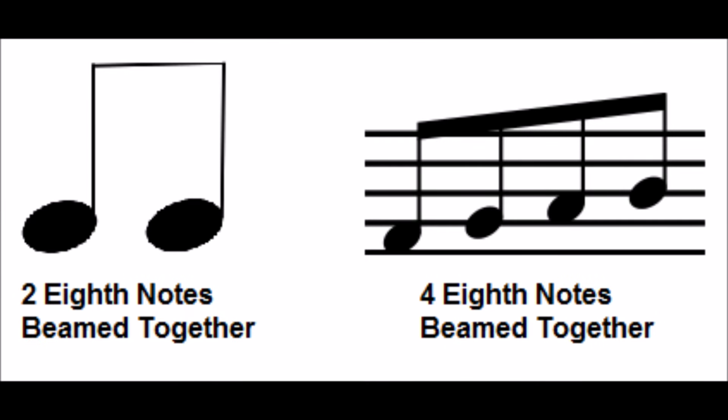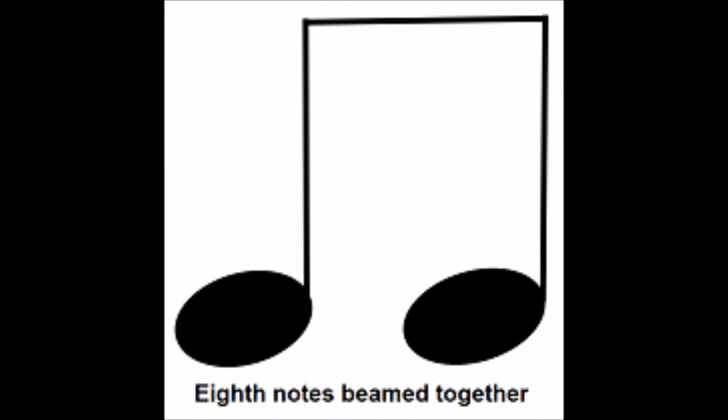When 2 or more eighth notes sit next to each other, the flags can often be joined together. In this case, we still have 2 eighth notes that equal a value of 1. Half plus half equal 1.